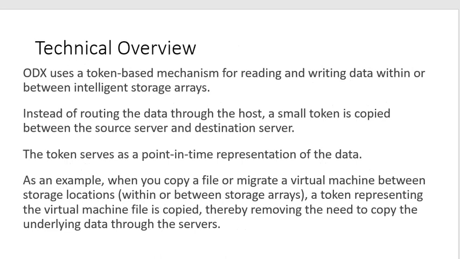So what do I need? ODX, as a technical overview, uses a token-based mechanism to read and write between the intelligent arrays, and instead of routing the data through the host, a small token is copied between the source server and the target, and tokens act as a point-in-time representation of data. For example, when you copy a file or migrate a virtual machine between storage locations within the storage array, a token representing the VM file is copied, moving the copy of the underlying data without going through the servers.